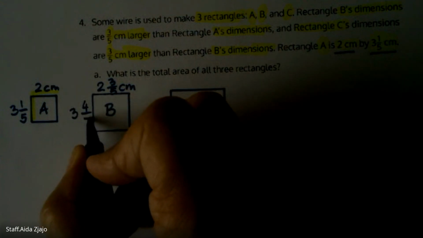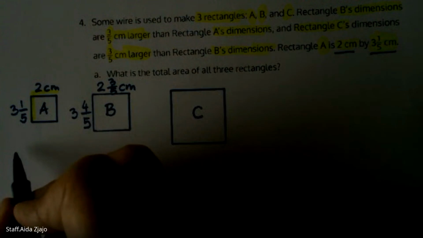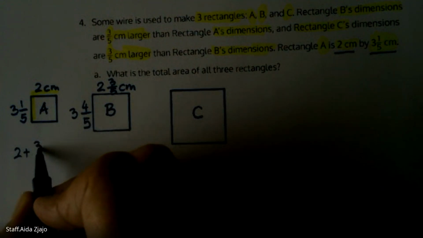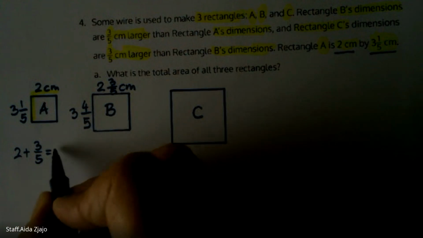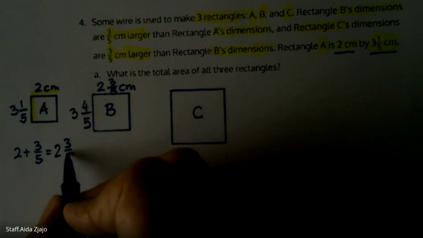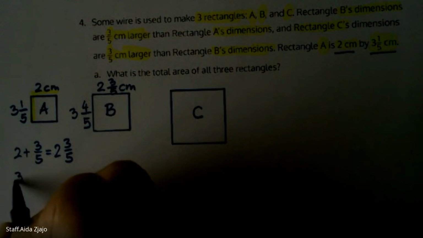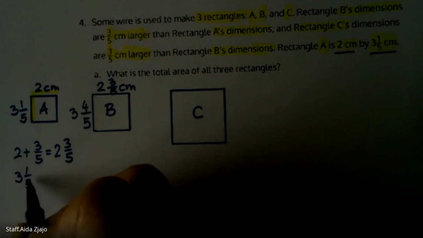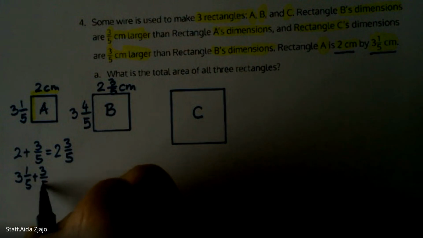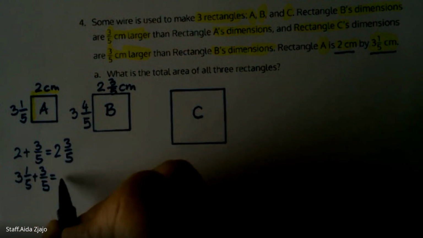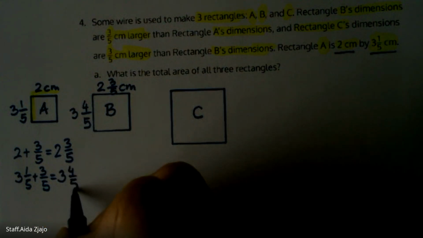So how do I know? 2 plus 3/5 equals 2 3/5, and 3 1/5 plus 3/5 equals 3 4/5.